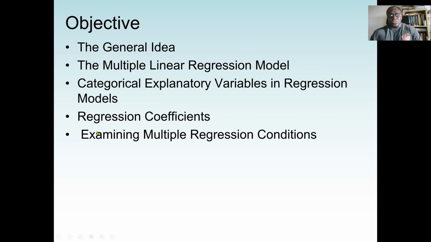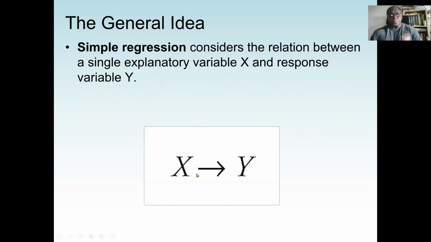We're also going to discuss regression coefficients. Also, we're going to examine multiple regression conditions. And the conditions under multiple regression are the same as simple regression also. We may also discuss that.